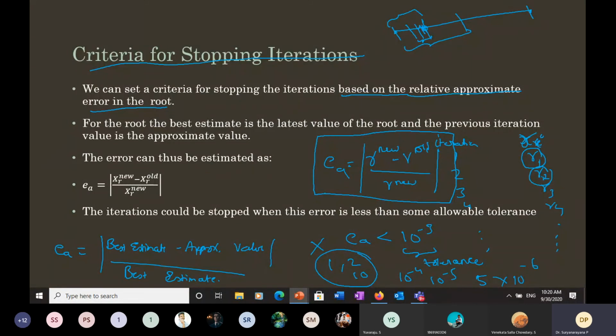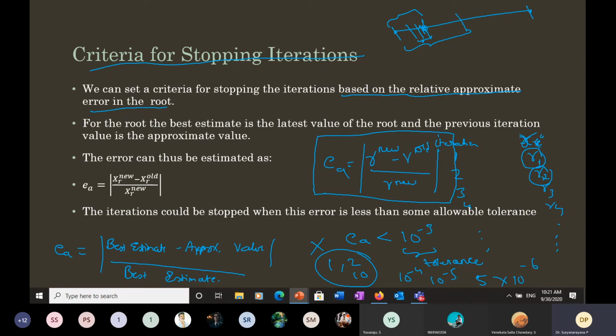If we knew the true solution, why would we pull our hair out trying to get a solution? We already know it. We don't know it. When we don't know the true solution, we also don't know the true error, because you have to always be humble and say that the solution I'm providing is an approximate solution. Then the question is how much error you are making. We don't know the true solution, so we don't know the true error. So the next best thing we could do is get an approximate error.